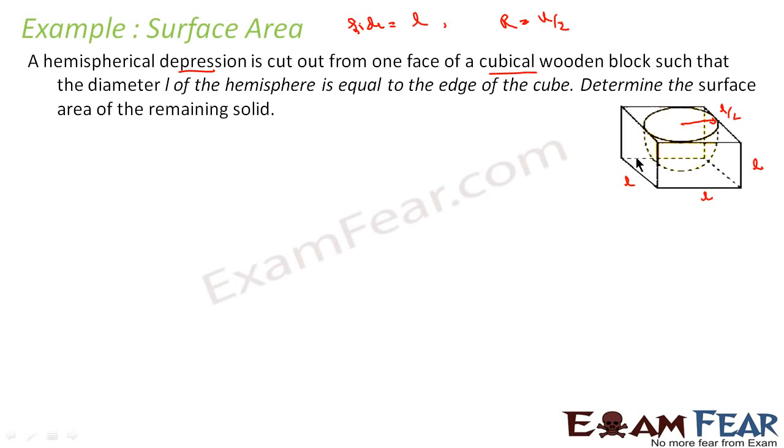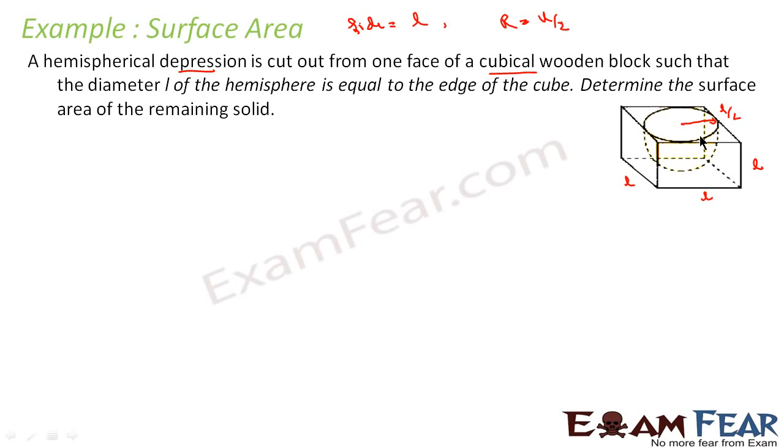Here also if you see, this area is not there at all. Earlier, the base area we were talking about was there, but it was hidden. In this case the area is not there because it's all air here. So what do we have to do? Here also we have to subtract this area. We can find the area of the whole cube, and from this we subtract the area of this hollow area.